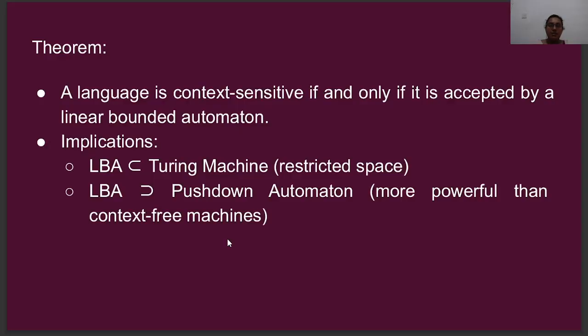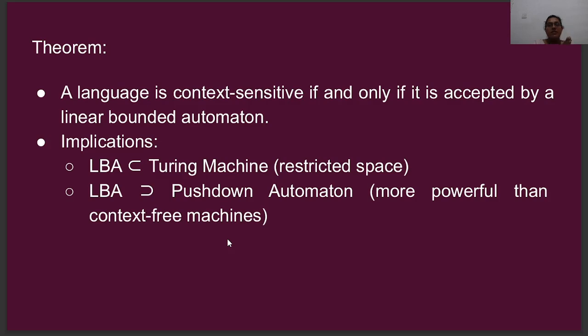Okay, now there is a theorem. A language is context sensitive if and only if it is accepted by a linear bound automaton. So only if a context sensitive grammar has an equivalent linear bound automaton to implement it, is that language context sensitive. Otherwise, it cannot be context sensitive. So both directions are possible.